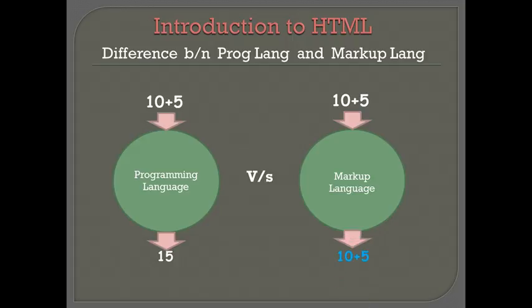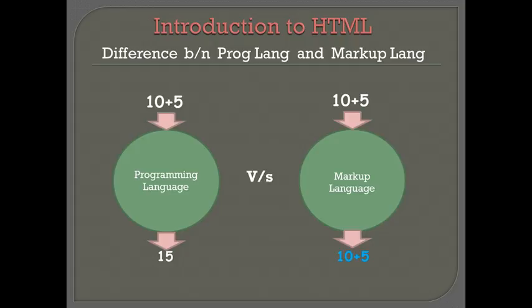The difference between programming language and markup language is that a programming language will compute the input and provide the output, but a markup language does not have any computation capability or logical thinking capability. The input you give to a markup language, it will produce as it is.